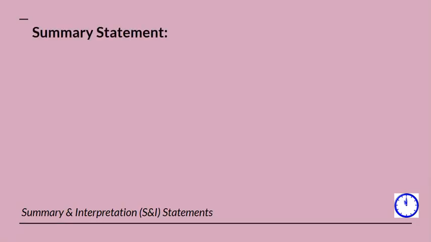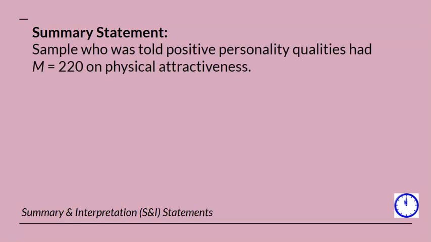The summary statement will consist of 2 sentences. The first sentence will report the mean of the sample. Please note that this first sentence clearly states how the sample was being manipulated by being told positive personality qualities, which is the independent variable, and what is being measured in the study, which is physical attractiveness, the dependent variable.